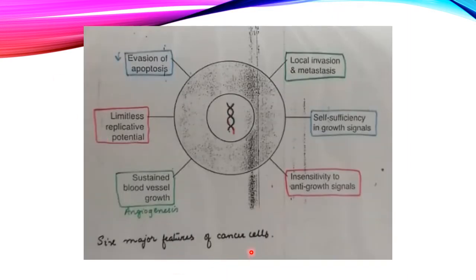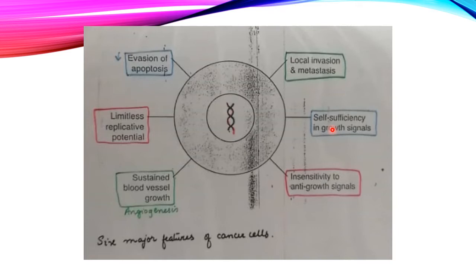6 major features of cancer cells. Cancer cells are capable enough to invade local surrounding tissues. Even cancer cells can metastasize. They can spread to distant organs and tissues as well. Then cancer cells are self-sufficient in their own growth signals. They don't rely on other cells to produce growth signals for cancer cells.